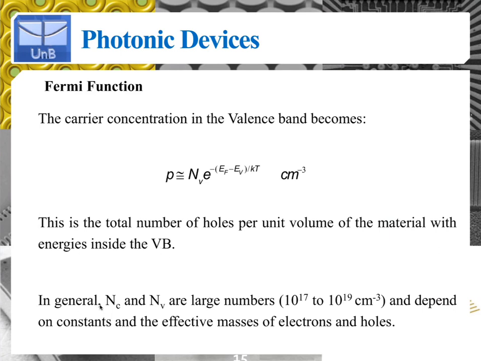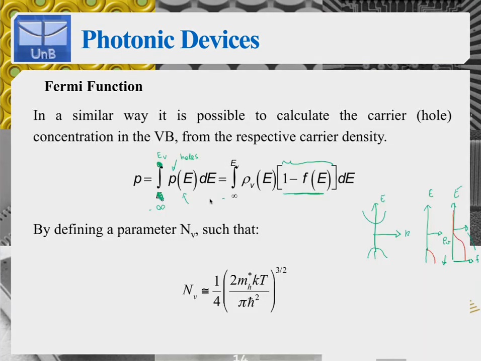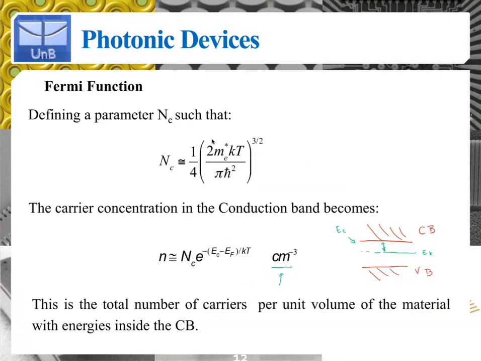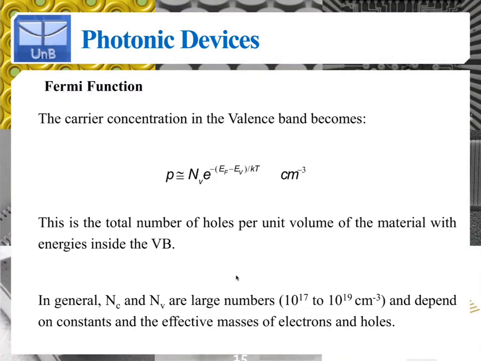So in general, NC and NV, this constant here, which is given by this, and this constant here, which goes into this expression, they are very large numbers.